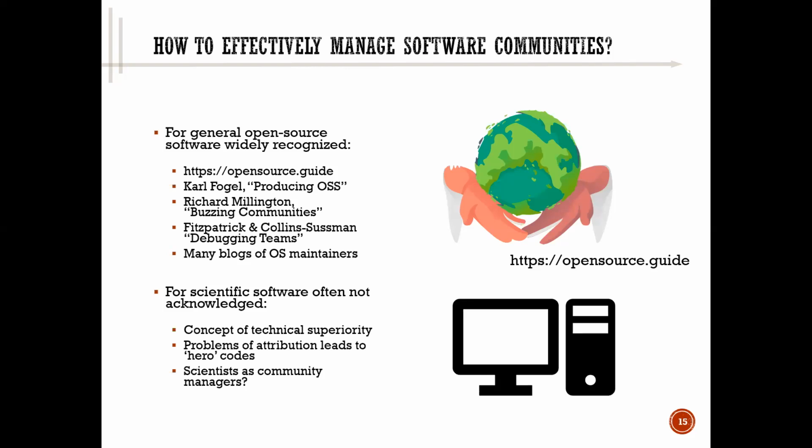The second problem that arises is that we are still having problems of proper attribution towards the authors of software, at least in the scientific world, so that there is still the impression that many codes are hero codes. They are developed by one person or by one institute. And this person or this institute gets the full credit for the software because it circumvents the whole problem of who should get recognition for a software.